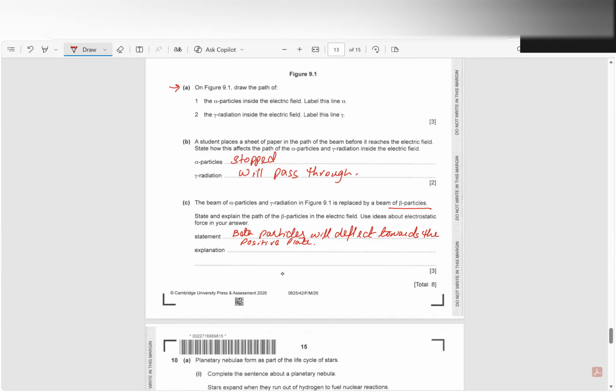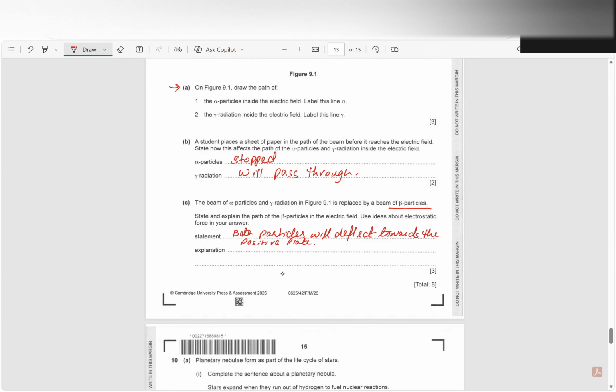And the explanation is going to be because beta particles themselves are negatively charged. They're going to be deflected towards the positive plate. And the answer is because unlike charges are going to attract each other. So the positive is going to attract the negative beta.